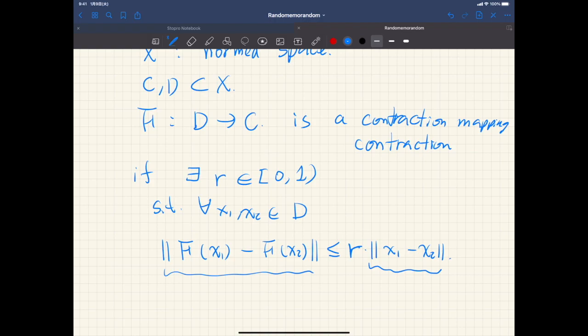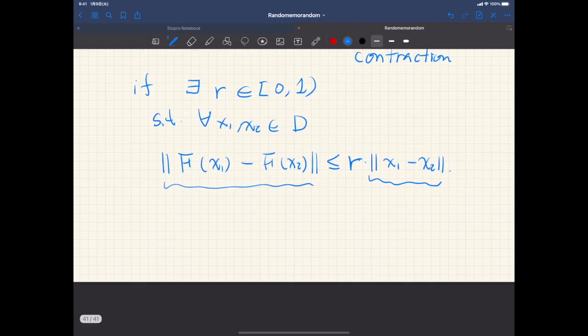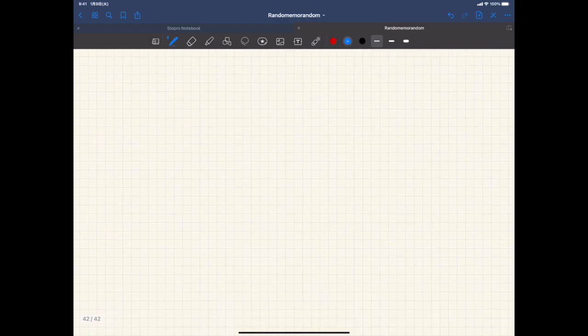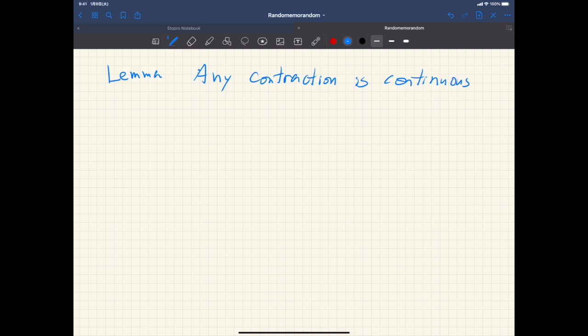Now we can actually immediately see that any contraction mapping is continuous. So let's summarize this as a lemma. Any contraction mapping is continuous. If you remember the definition of continuity, it seems almost obvious.